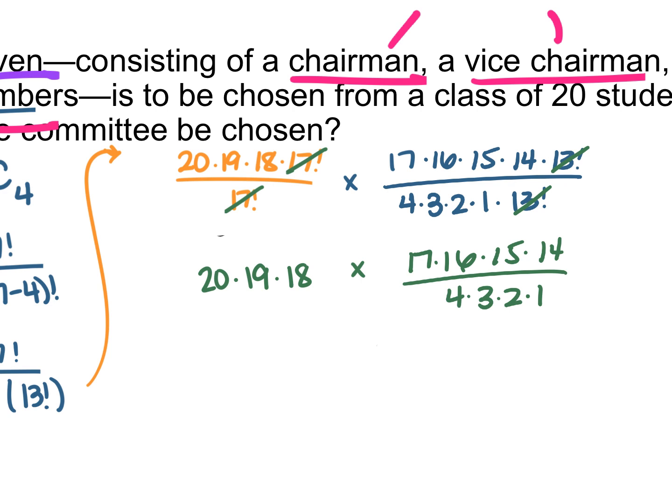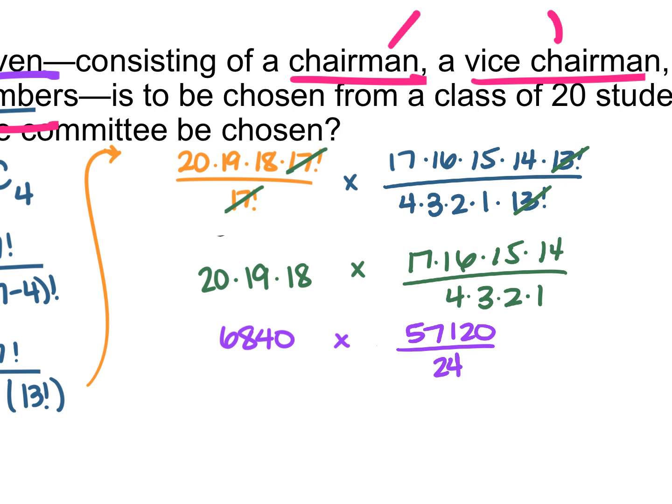If we simplify this, the 20 times 19 times 18 gives us 6,840. And the 17 times 16 times 15 times 14 gives us 57,120 over 4 times 3 times 2 times 1, which is 24.